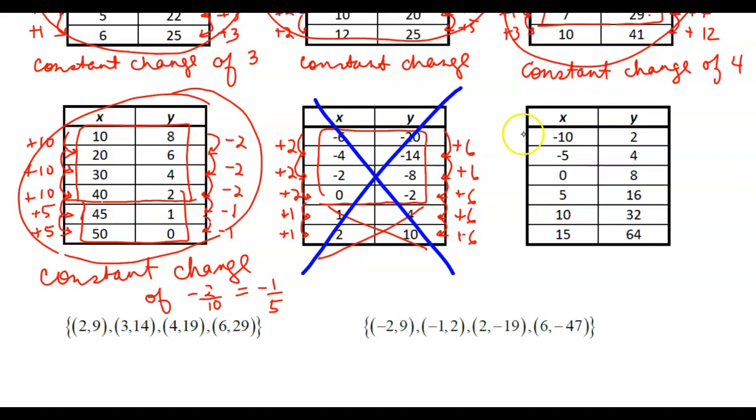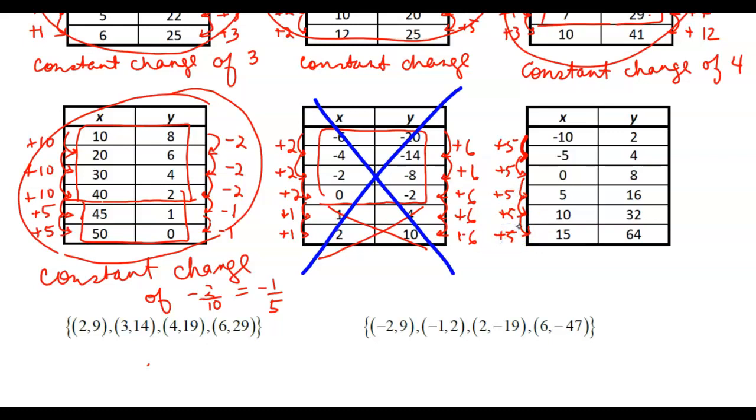Okay, next one works. Adding 5, adding 5, adding 5. All of them were adding 5. So that's a constant change in x for all of them.